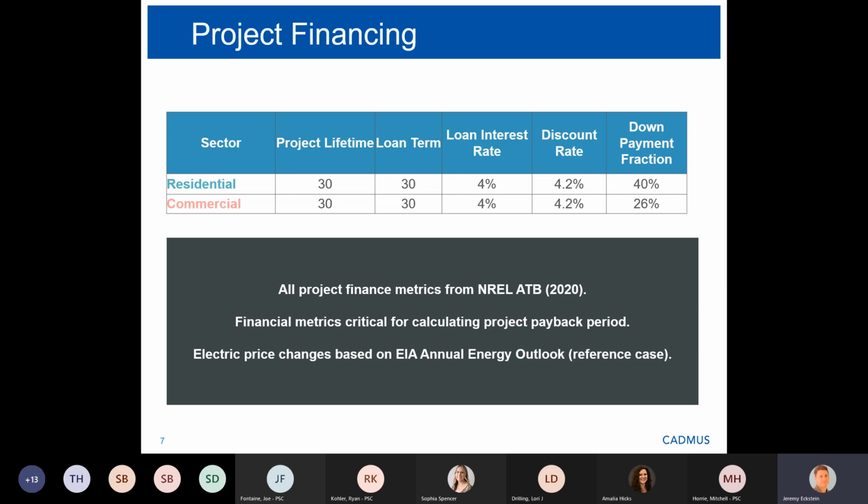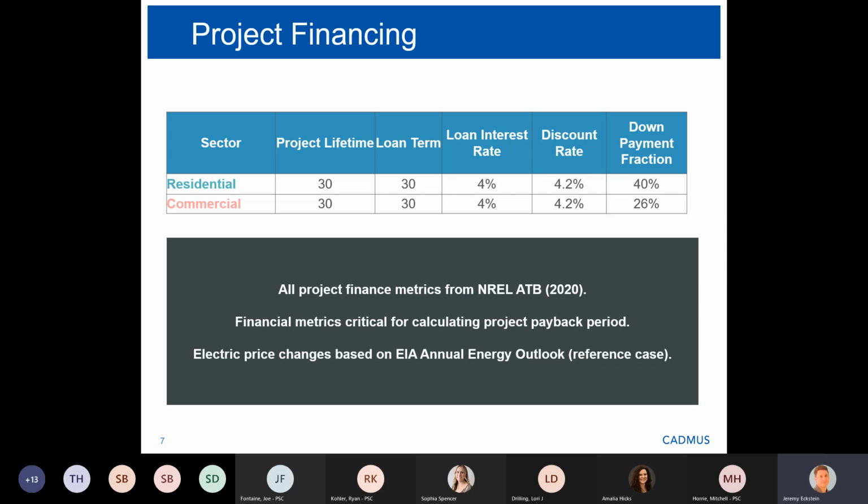So if folks have feedback, say, for example, on the loan interest rates, or down payment fractions or whatever metrics, we're very happy to take that if there's more Wisconsin specific information that we should consider.